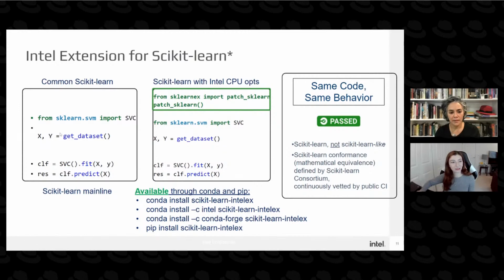I take my original regular scikit-learn code and add these two lines: from sklearnex import patch_sklearn, and then I use the function patch_sklearn. What this is telling the computer is, hey, anything that could be optimized by Intel extension for scikit-learn and the oneAPI Data Analytics Library, which is one of the most optimized machine learning libraries we have here at Intel, please do so now.